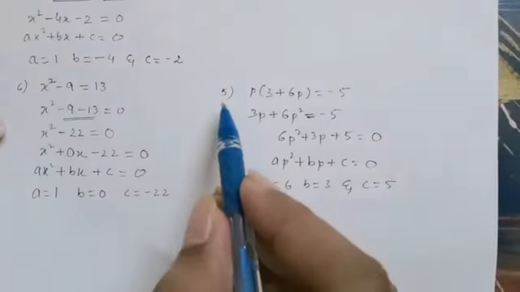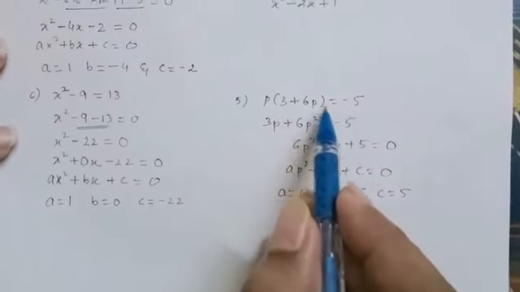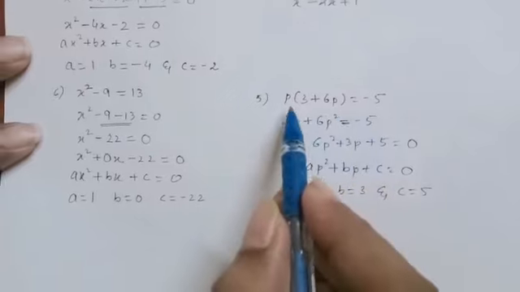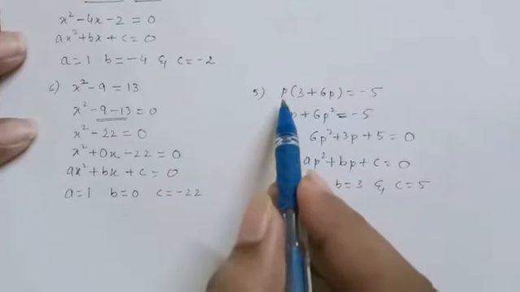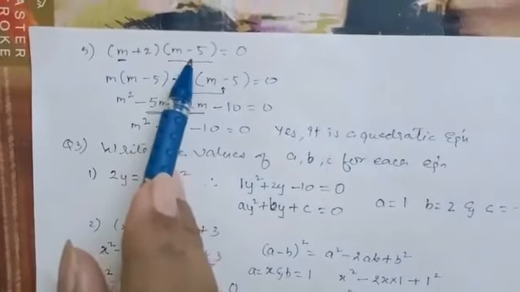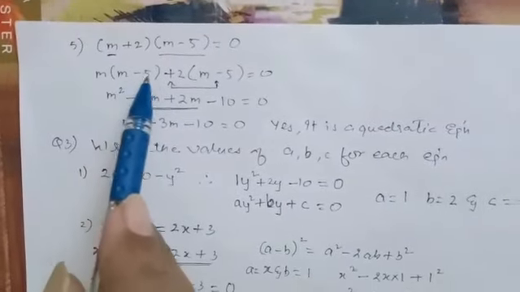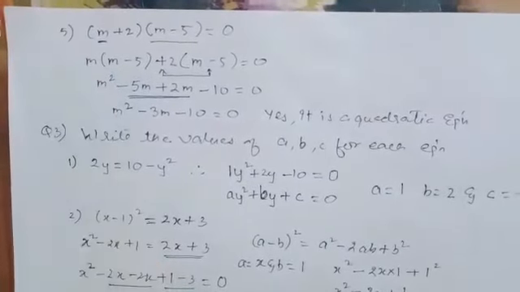So if you focus on sum number 5, which is p bracket 3 plus 6p bracket close is equal to minus 5, we have learned how to multiply here in sum number 5. The p multiplied by the second bracket, so this part, that is p into 3 plus 6p, is repeated here.